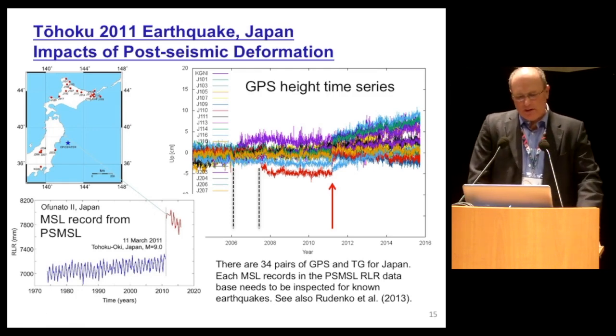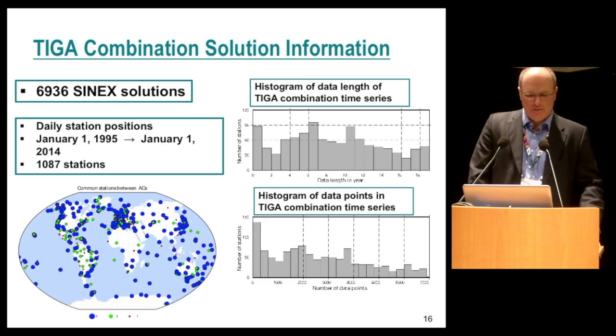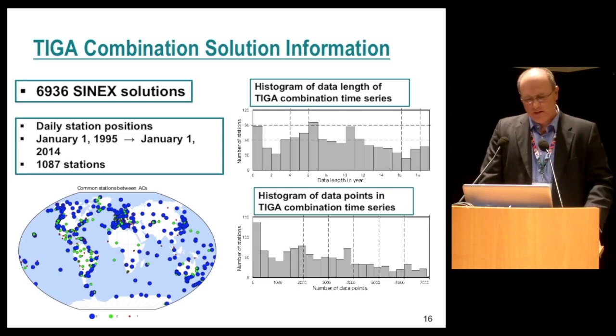I mentioned earlier that we managed to get 3 TAC solutions to combine for the first Tiger combination. So we used 6,936 SINEX solutions, daily positions between the 1st of January 1995 and the 1st of January 2014, and in total over the time span it was 1,087 stations.